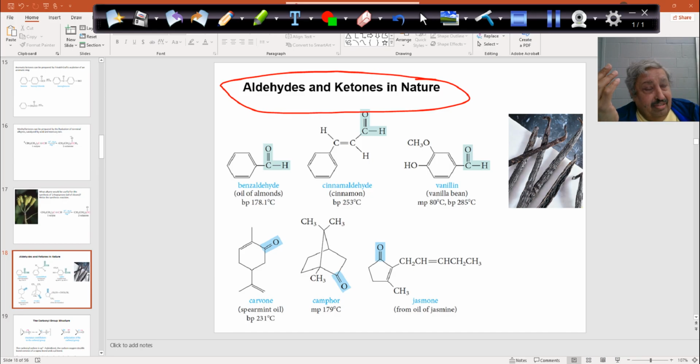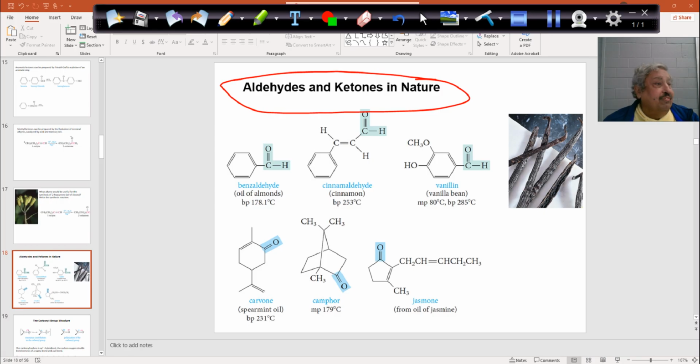If an animal wants to prey on it, the skunk shoots it with mercaptan, and predators like lions and tigers run away from the bad smell. But that's not the case for aldehydes and ketones. They smell very nice. Even the flowers, roses, smell very nice, correct?